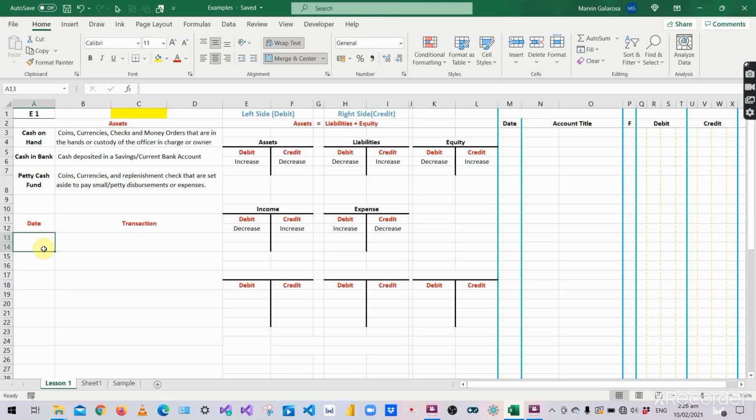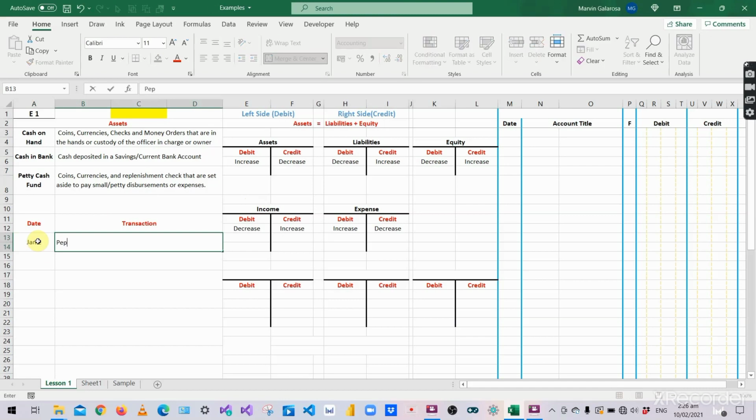For example, on January 2, Pepito established Diamond Sari-Sari Store.